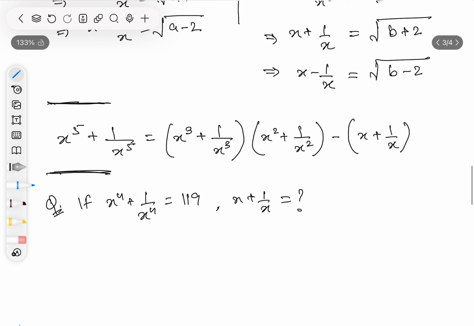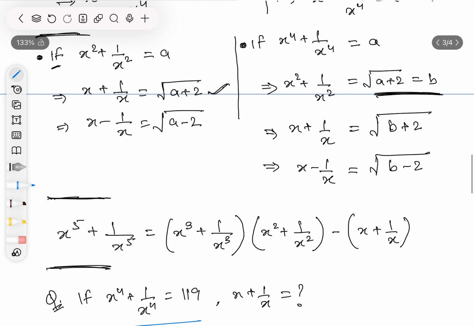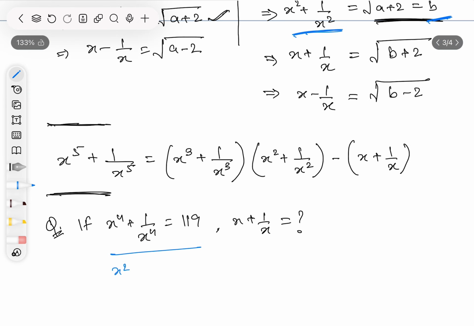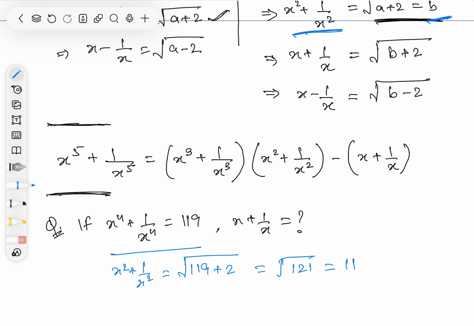We already know that if x to the power 4 plus 1 by x to the power 4 equals something, then x square plus 1 by x square will be root of 119 plus 2, which is root 121, which is 11.